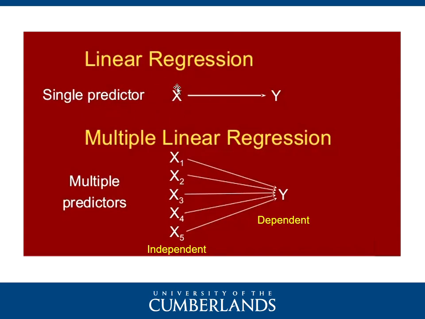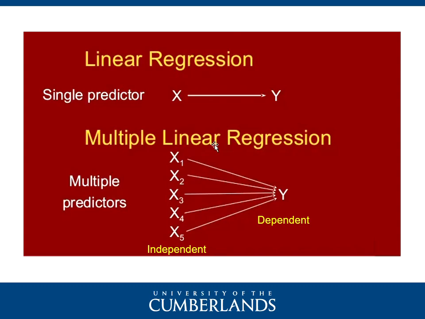So only one X variable leading to that Y, which is your response variable. So in this case, Y, for both the linear regression and the multiple regression, is your response variable. That's your dependent variable, that Y variable. That's the thing you're ultimately trying to measure, right? So this predictor variable, this one X for the linear regression, is your independent variable.